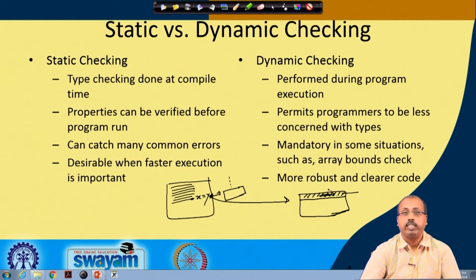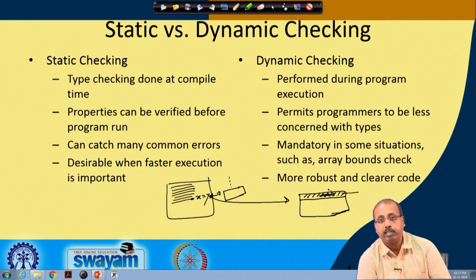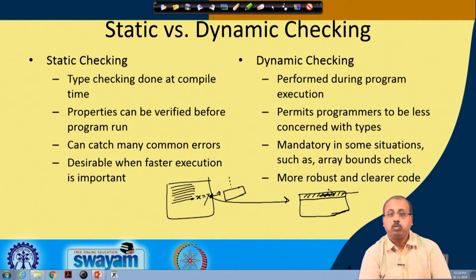All variables have their types, and the types cannot be changed, and certain operations can be done on certain types of variables only. But in case of C there is much more flexibility. Though it is also a typed language, it is not as strongly typed as Pascal. That way the programmers are a bit free to be less concerned about the types.